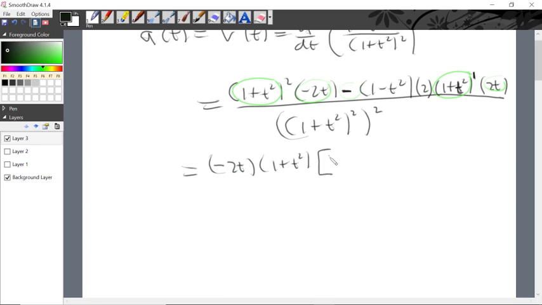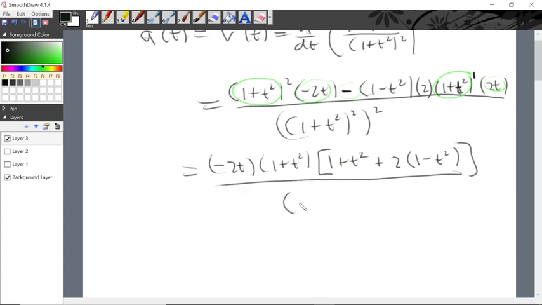I'm going to be left with an additional 1 plus t squared from this group right here. I've taken out the minus, so that becomes a plus. We still have this 2 hanging out. We still have this 1 minus t squared, and we took out that 1 plus t squared right there. And the denominator is 1 plus t squared quantity to the power of 4.